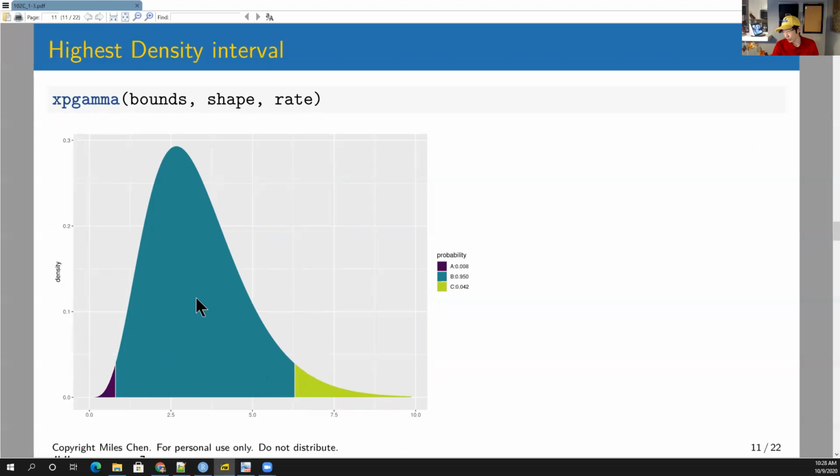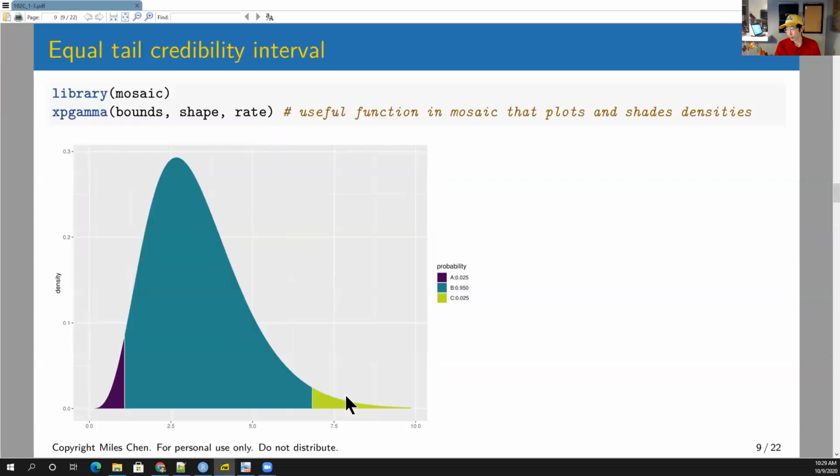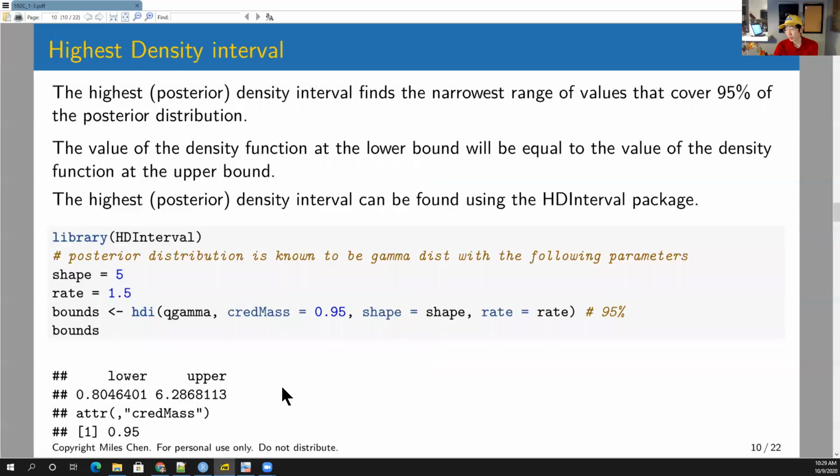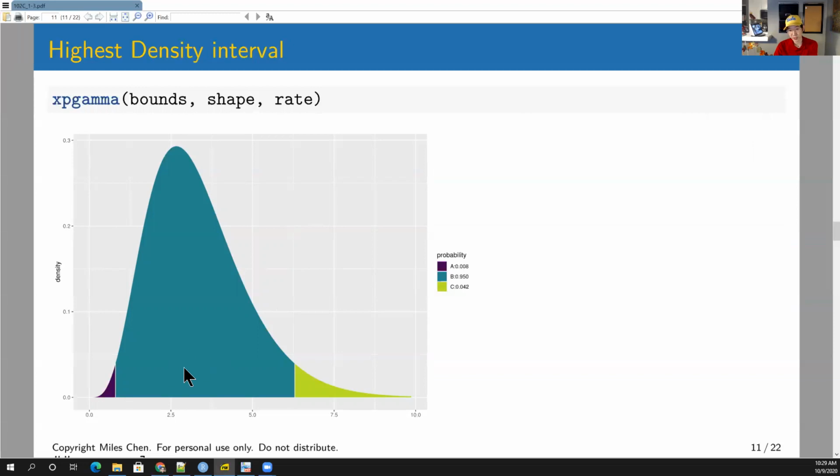You still have 95% in the middle, but now you have a little less than 1%, 0.008, on this side, and a little over 4% on this side. Compare this to the equal tail credibility interval, where you have 95% in the middle, 2.5% over here and 2.5% over here. The highest posterior density interval looks like this. You still have 95% in the middle, but the bounds are different.